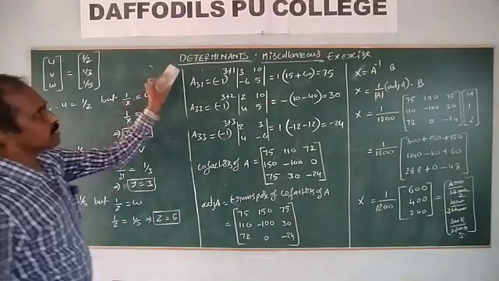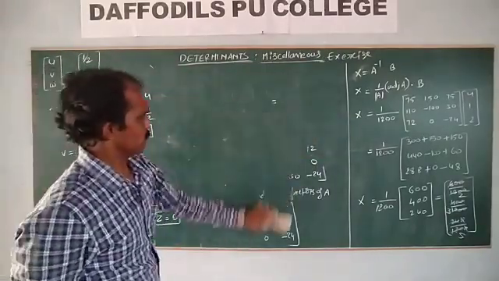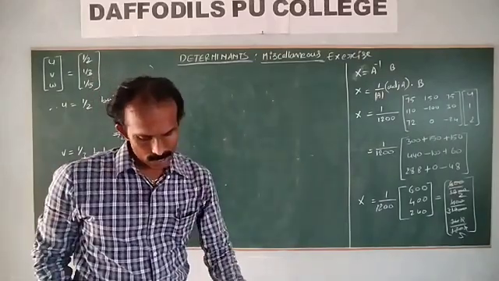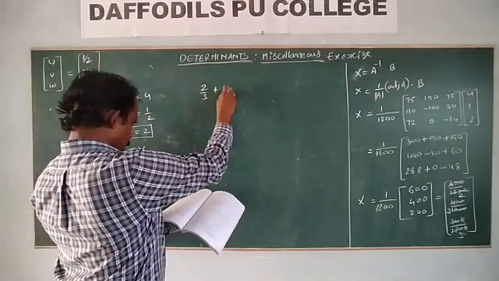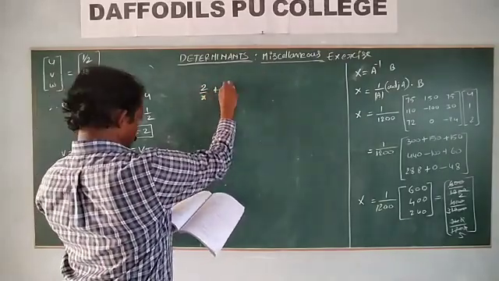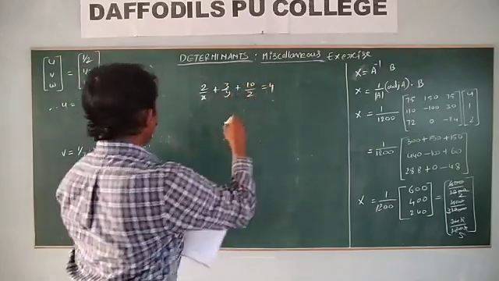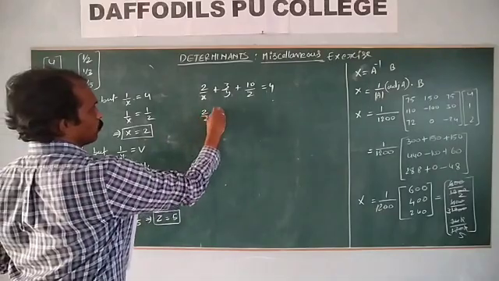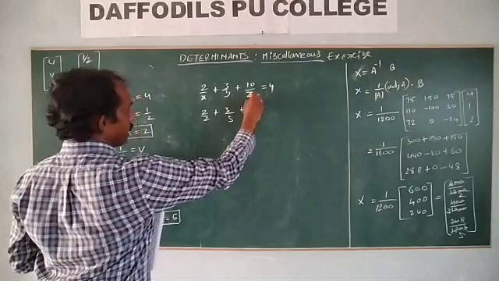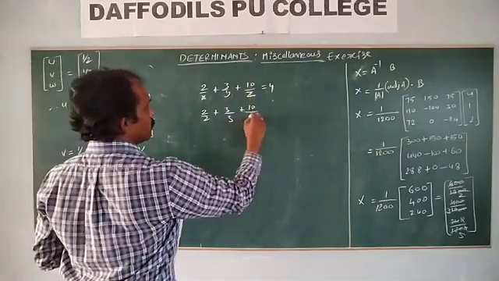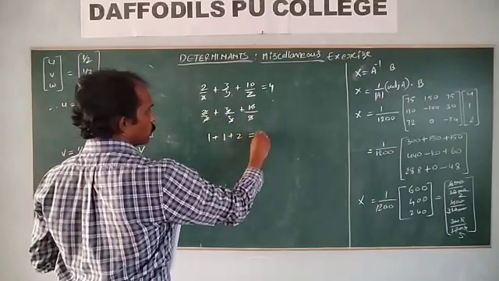Verification means substitute. Substituting in the equation 2 by x, 3 by y, 10 by z is equal to 4: 2 by 2, 3 by 3, 10 by 5, is 1 plus 1 plus 2, is equal to 4.